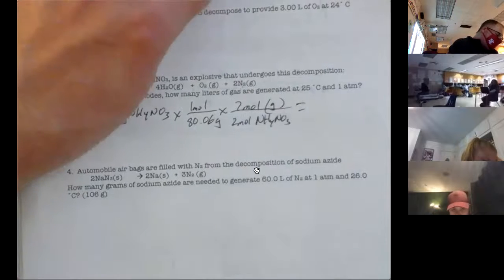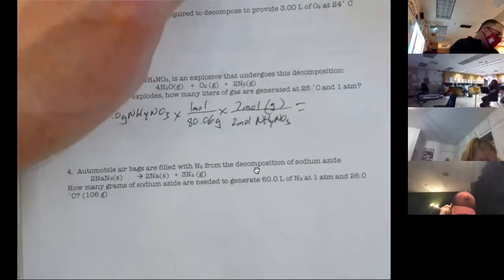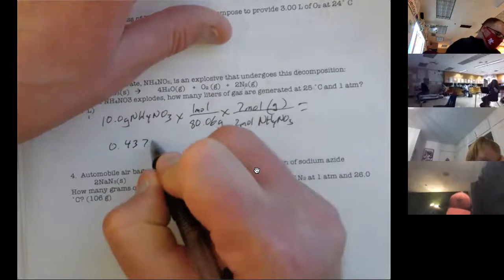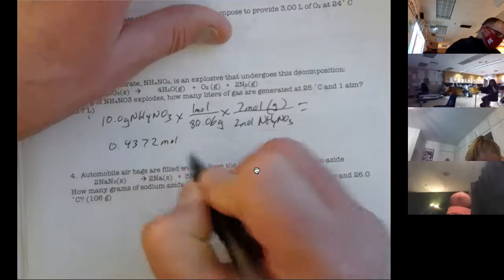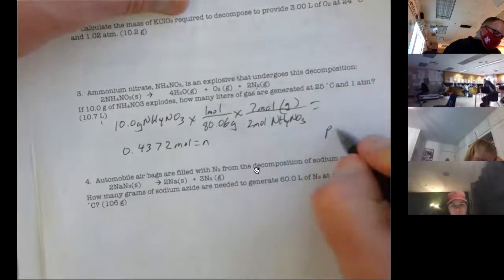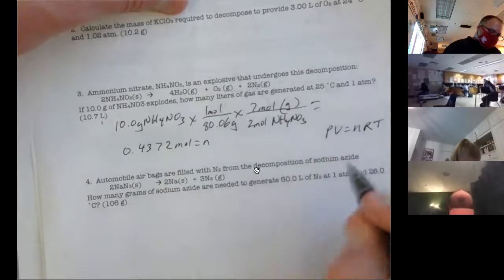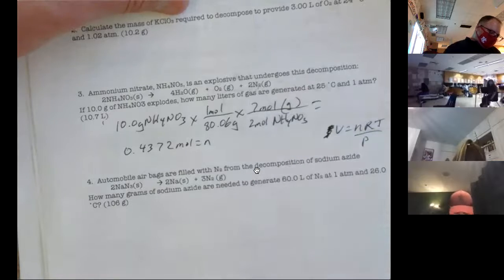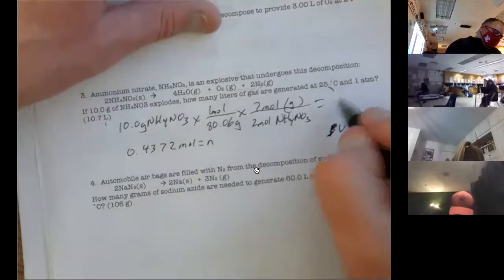Ten times 7 divided by 2 divided by 80.06 would be about 0.4371. So 0.4372 moles of gas. We want liters. So if PV equals nRT, V equals nRT over P. That's 298.15.